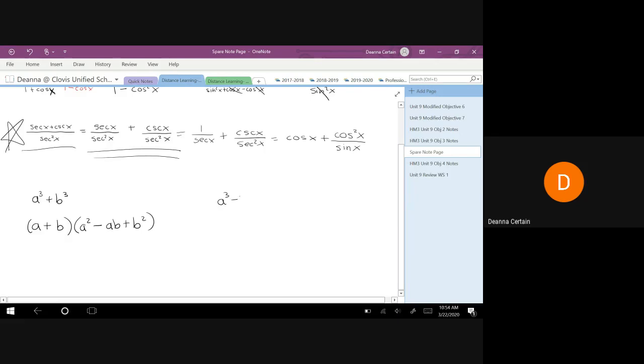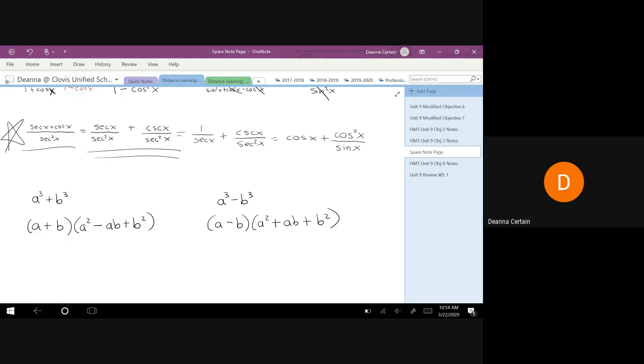And if it was a cubed minus b cubed, it would be a minus b, a squared, opposite sign ab, always positive b squared. So cubic factoring, which also is from last semester.